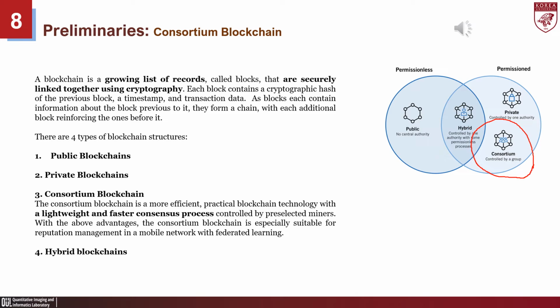There are three types of blockchain structures: public blockchain, private blockchain, and consortium blockchain. Consortium blockchain is a more efficient, practical blockchain technology with a lightweight and fast-state consensus process controlled by pre-selected miners. Therefore, the consortium blockchain is especially suitable for reputation management in mobile networks with federated learning.